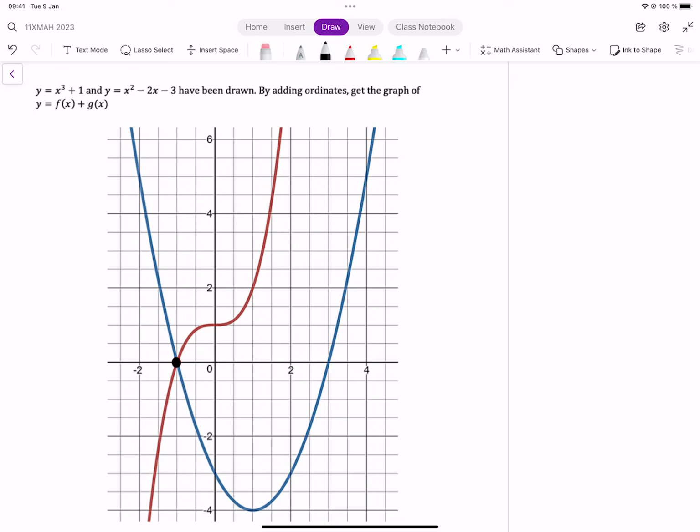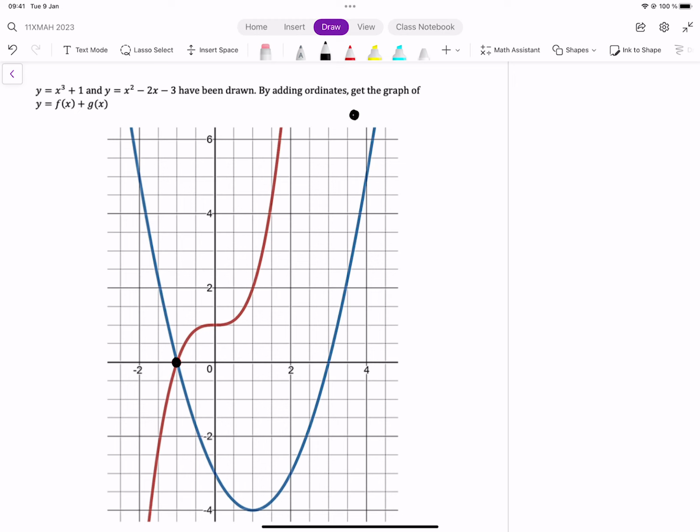Now, then we've got to consider a few other points on our graph. If I have a look over here at the y-intercept at 3 for my parabola, well then I've got 0 plus some really big number up here, and I don't know what that is. But 0 plus a really, really big number is going to be a really big number. So my graph is going to exist up here when I add them both.